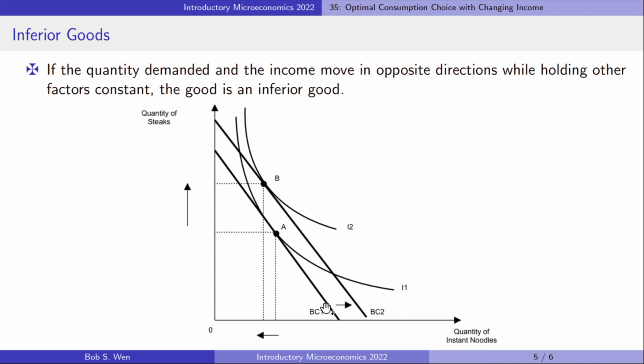As income increases, the budget line shifts to the right. The new optimal consumption bundle moves from point A to point B. The noodles quantity demanded decreases. People are more likely to eat steaks and less likely to eat instant noodles as they become richer.